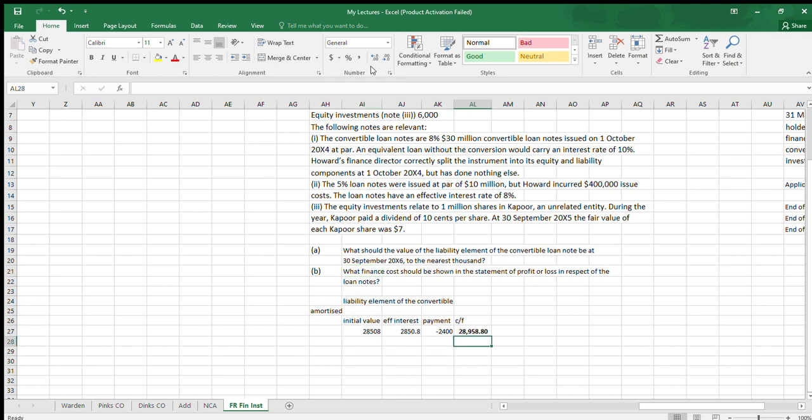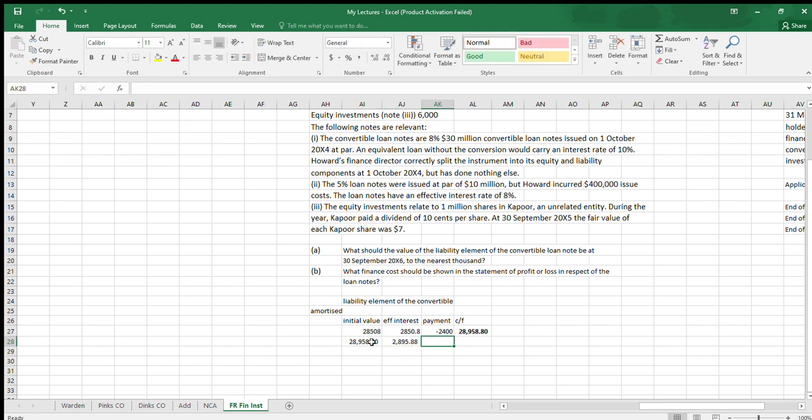Then your initial value will be the carry forward of the previous year. This figure, the effective interest rate is your 10% multiplying your initial value.